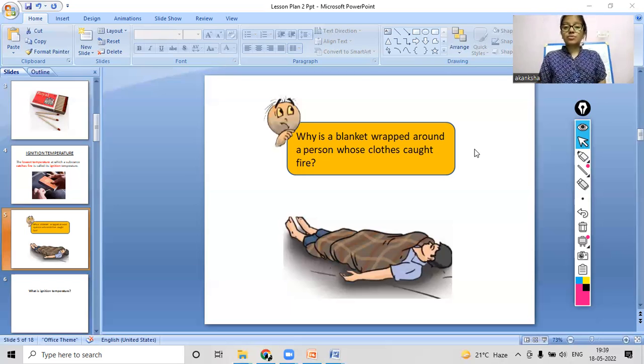So as you all know, in our previous class we studied that for a substance to burn or combust, it requires oxygen, or it requires certain conditions. So one condition was that it requires oxygen. Whenever we wrap a blanket around a person who catches fire, we are cutting off the oxygen supply to that fire, right?